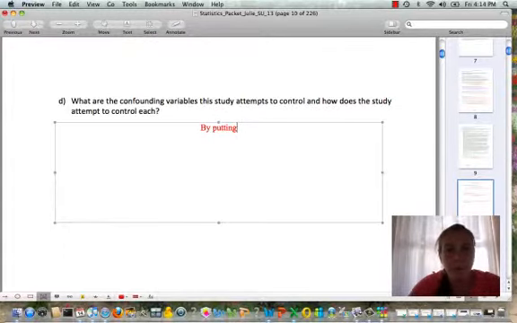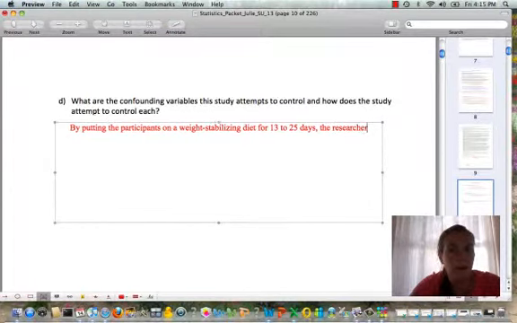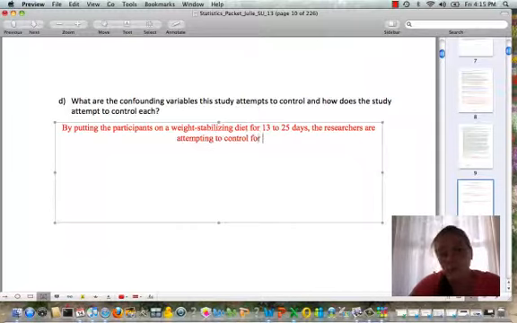So we can say by putting the participants on a weight stabilizing diet for 13 to 25 days, the researchers are attempting to control for weight differences and maybe differences in metabolisms.